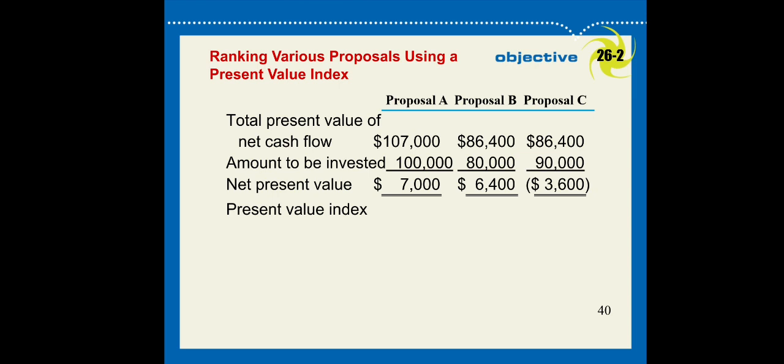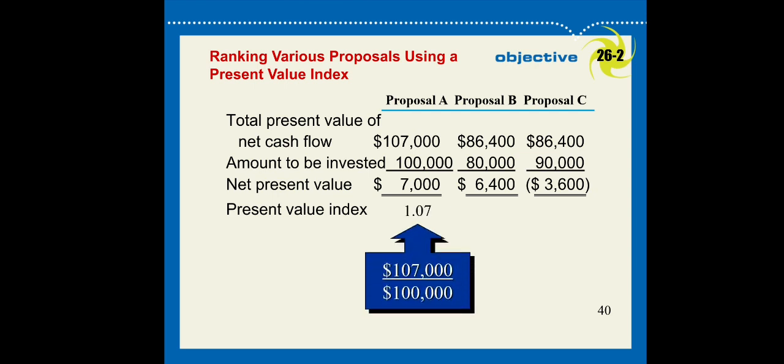So the net present value is proposal A 7,000, proposal B 6,400, proposal C negative 3,600. For proposal C, the present value of net cash flow is lower compared to the amount to be invested. That's why the net present value is negative. So how to calculate the present value index? You use the formula that you have seen in the previous slide.